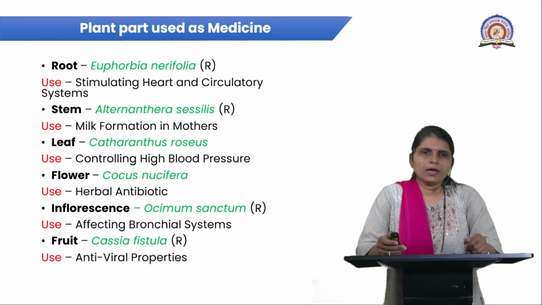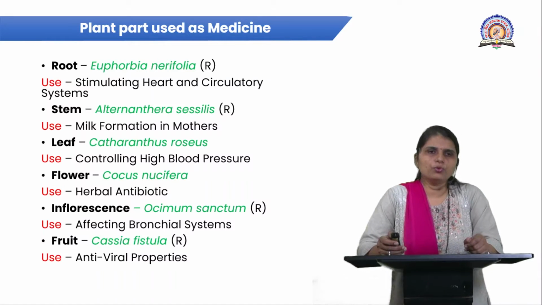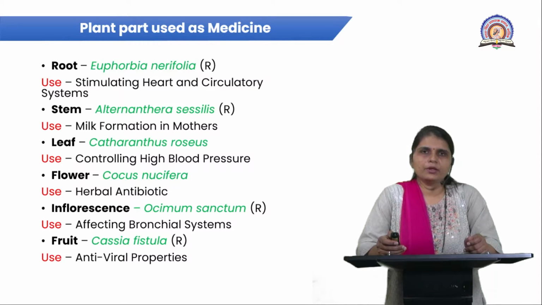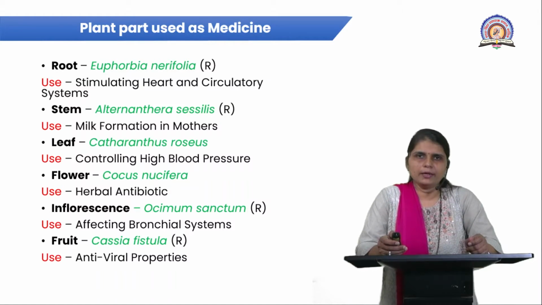The plant consists of root, stem, leaf, then flower, inflorescence, seeds, or some plants having a bulb, some plants having a rhizome, etc. You will see one by one which plant part is used as medicine, and an example of a plant used as medicine.